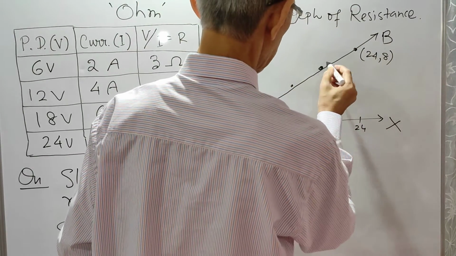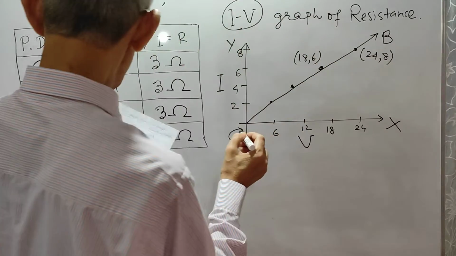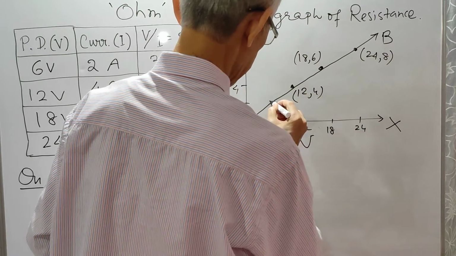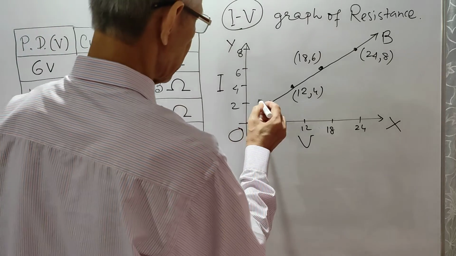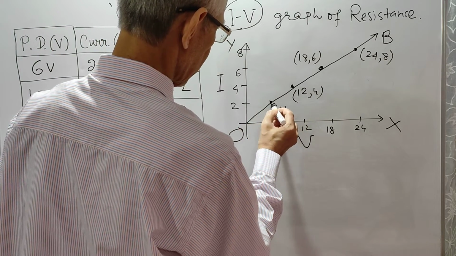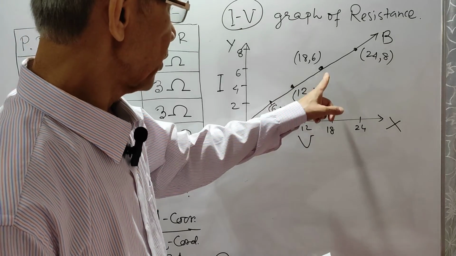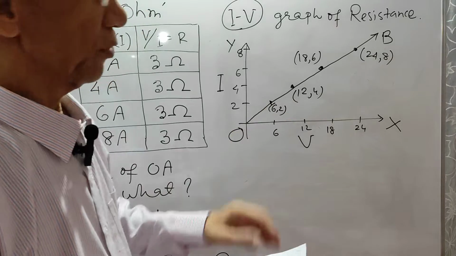This point is 12, 4. And the first point is 6, 2. So these are the 4 points.